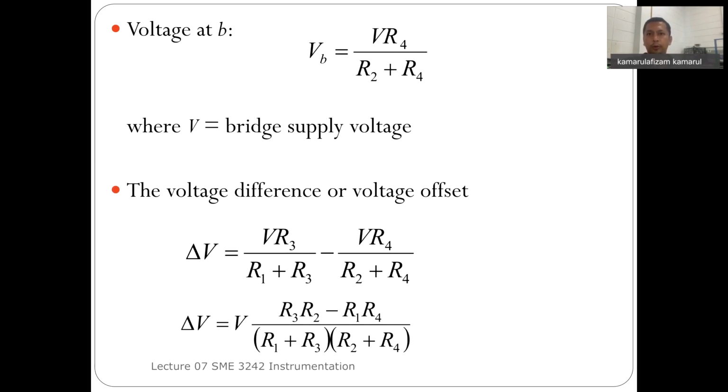Then you put it together: VA minus VB, which is delta V. So delta V is equal to V R3 over R1 plus R3 minus V R4 over R2 plus R4. You can put this together to get the formula below. You have to more or less understand where this formula is coming from and how to derive it. And of course, it's good if you can memorize it too.